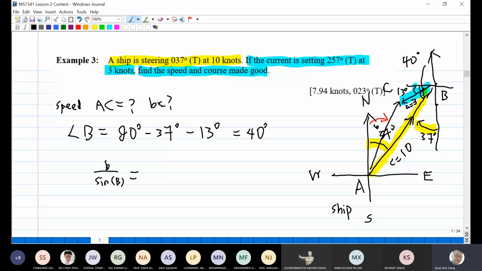I need another angle, right? B is 40. Maybe I need this one angle. Okay, let me see how I do this. B over sine B, something is missing there. Let me try to figure out more things first.